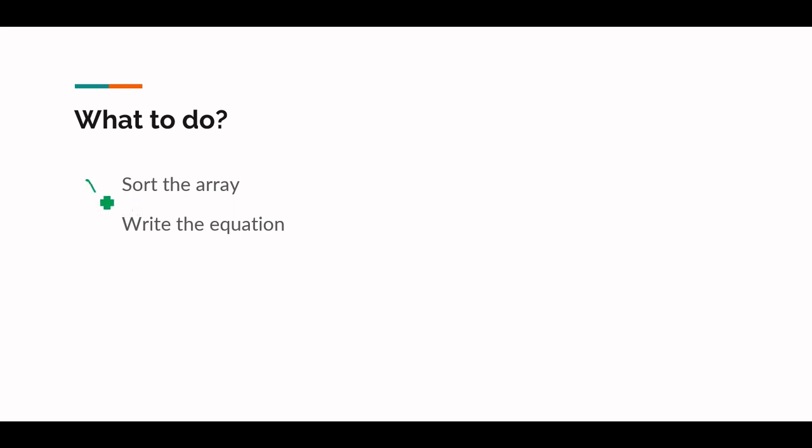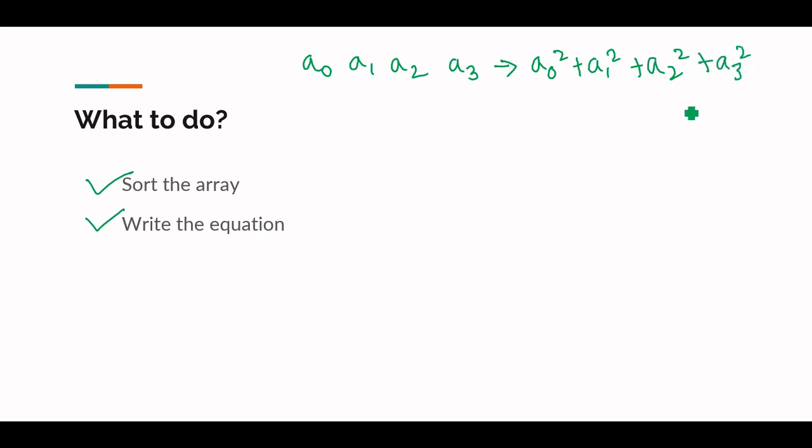As I mentioned, what we have to do is obviously sort the array and write the equation. Suppose we have a0, a1, a2, a3, and at first we will do a0 square plus a1 square, a2 square plus a3 square. This we will find in order of n, so we won't check on that for now.